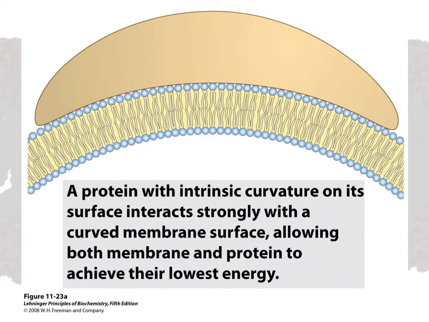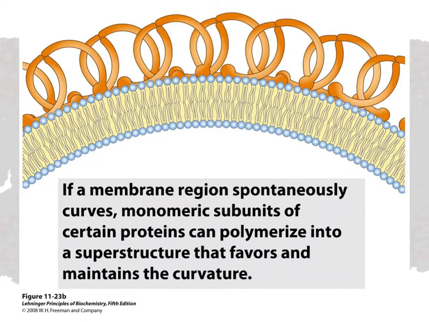Or we can have oligomerization occur. So now we have a region where these monomers come together to form some type of superstructure, and that's going to cause the membrane to be either concave or convex, depending upon which direction you're talking about.